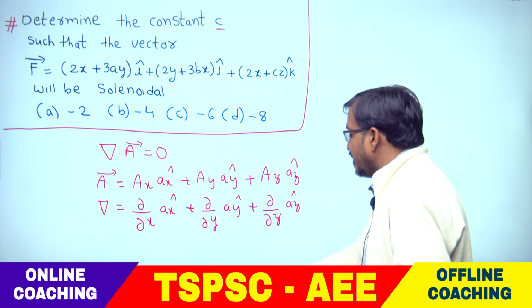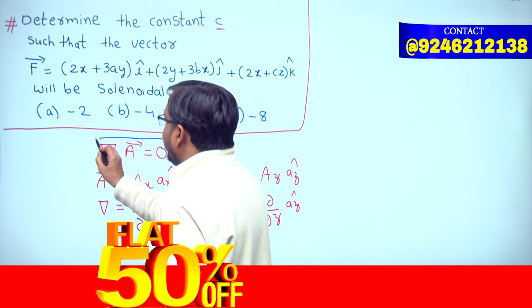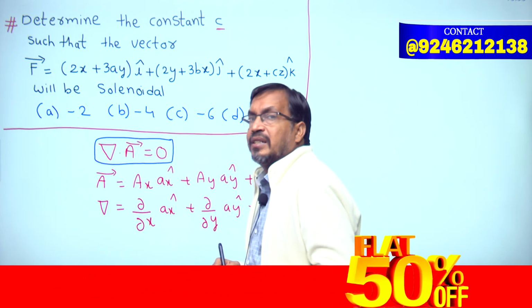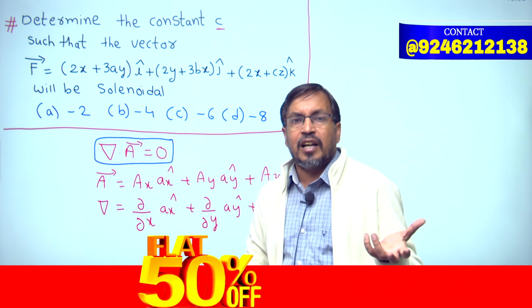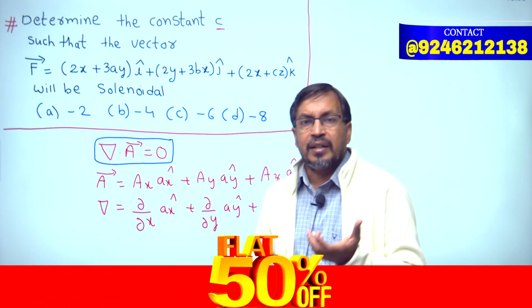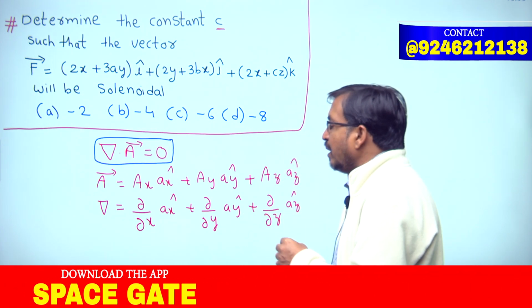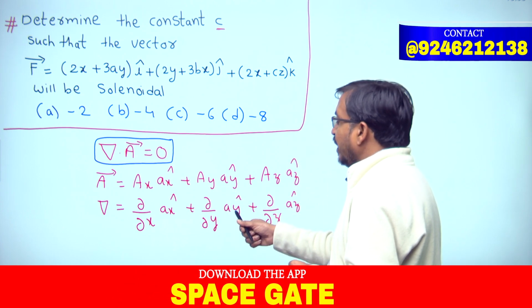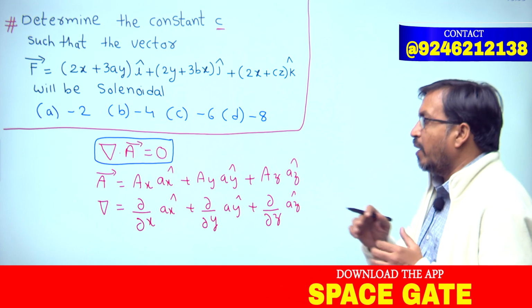Now, what is divergence here? The dot product of del and the given vector is known as divergence. We know the dot rule: i cap dot i cap equals 1, j cap dot j cap equals 1, and k cap dot k cap equals 1. Similarly, Ax cap dot Ax cap is 1, Ay cap dot Ay cap is 1, Az cap dot Az cap is 1.